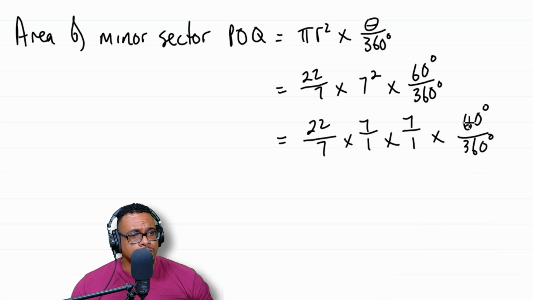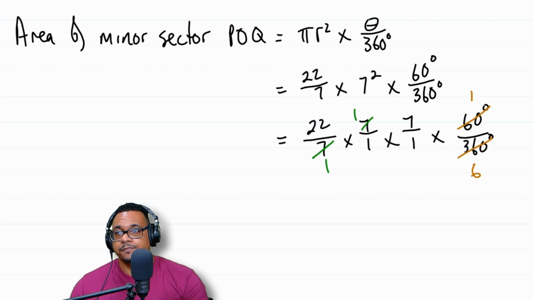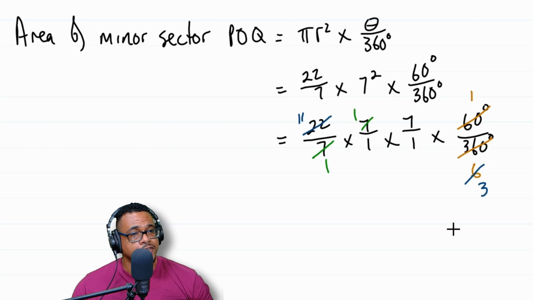So by now we know 60 can go into 360 6 times. So 6 into 6 is 1, 60 into 360 6. And then you can cancel any of these 7s. 7 to 7, 1, 7 to 7, 1. And then 2 into the 22 and 2 into 6. So 2 into 22, 11, and 2 into 6, 3.